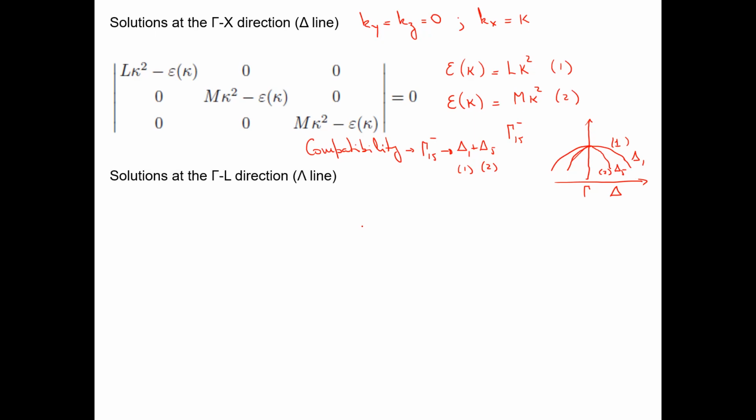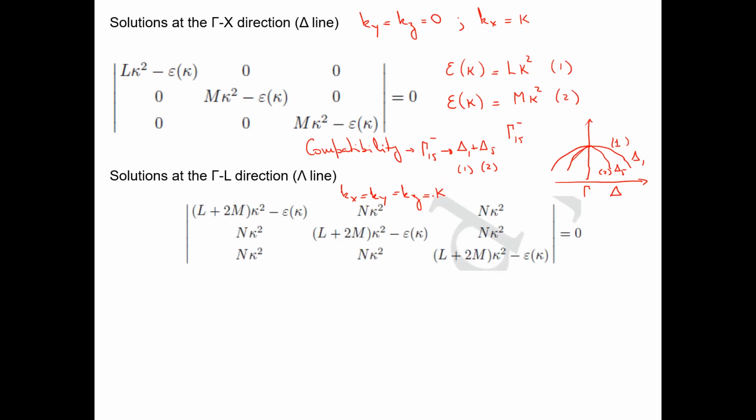So let's quickly analyze another possibility, which is going away from gamma in another direction in the Brillouin zone. Let's go along the lambda line. The lambda line corresponds to the situation in which I have kx equal to ky equal to kz, and let me call that kappa. If we do that, that's the matrix that I get. It is a 3 by 3 matrix.